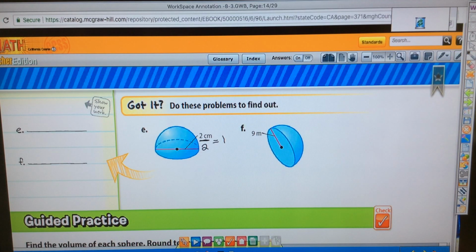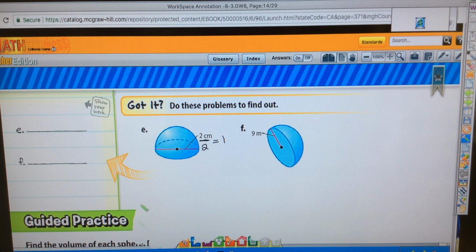I'm definitely going to need a little bit of space on this one. And I can tell you in the homework which ones are going to look like this. Hemispheres, 8 and 9 are hemispheres. Number 8 and number 9.